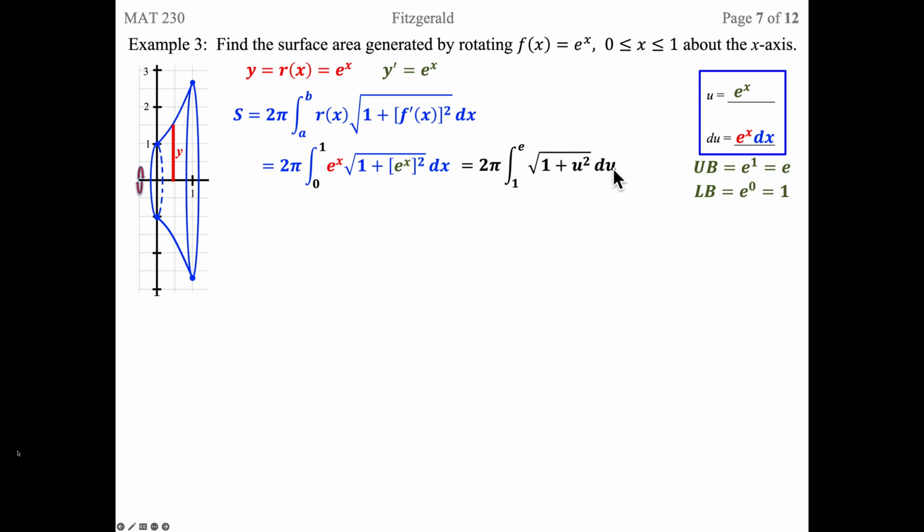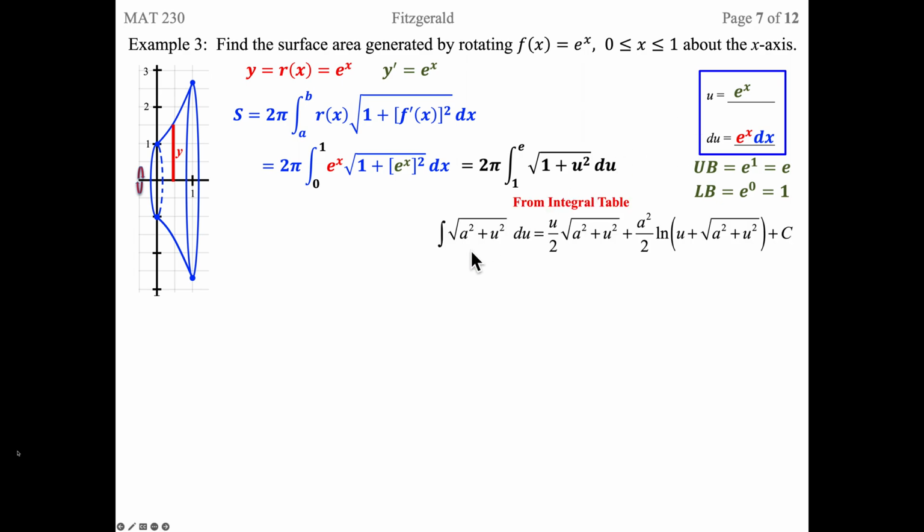And then we'll go to our integral sheet, look for the square root of 1 plus u squared. There it is, square root of a squared plus u squared. That equals u over 2 times the square root of a squared plus u squared, plus a squared over 2 times the natural log of u plus the square root of a squared plus u squared.